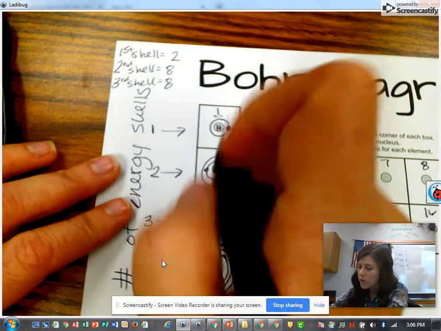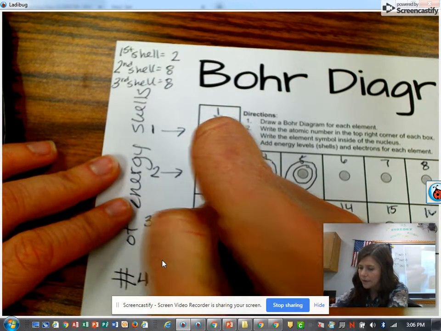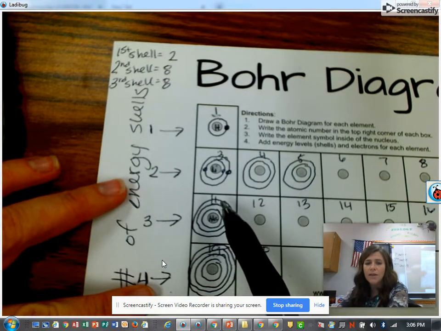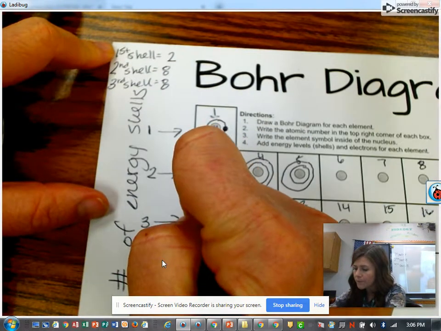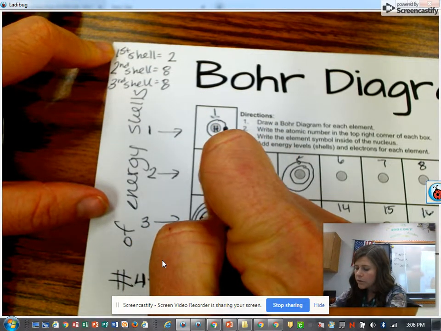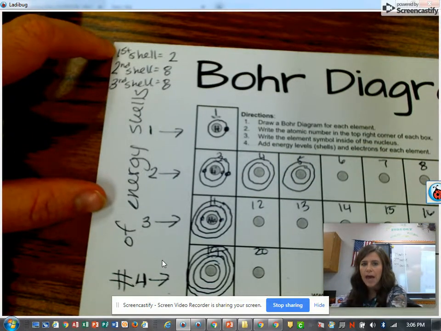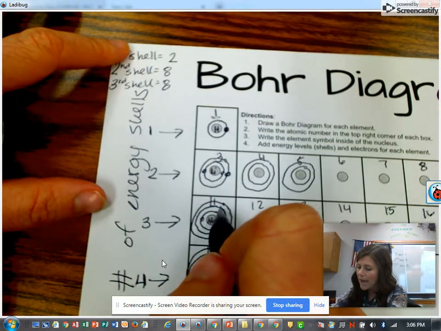All right, so then our next one, 11. Element 11 is sodium, so we write Na here. We know it has to have 11 electrons, and the first shell can only have 2, so let's draw 2. Now we have 9 electrons left. We can have 8 in our next shell.